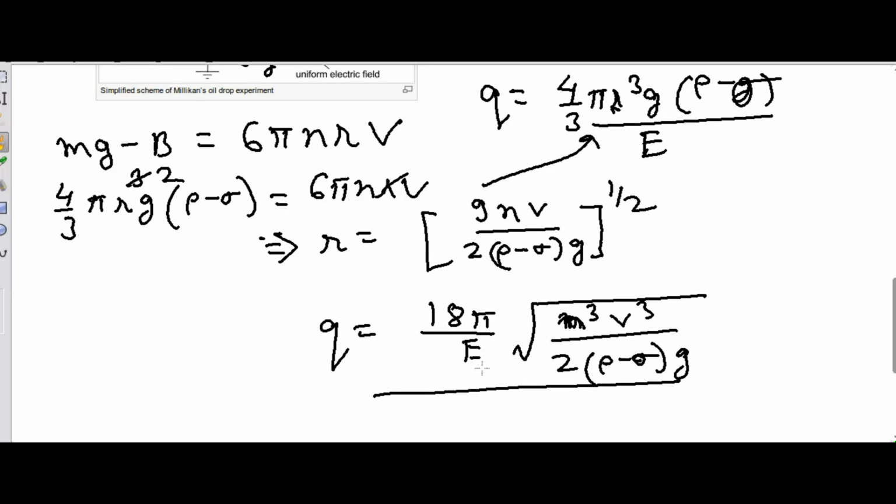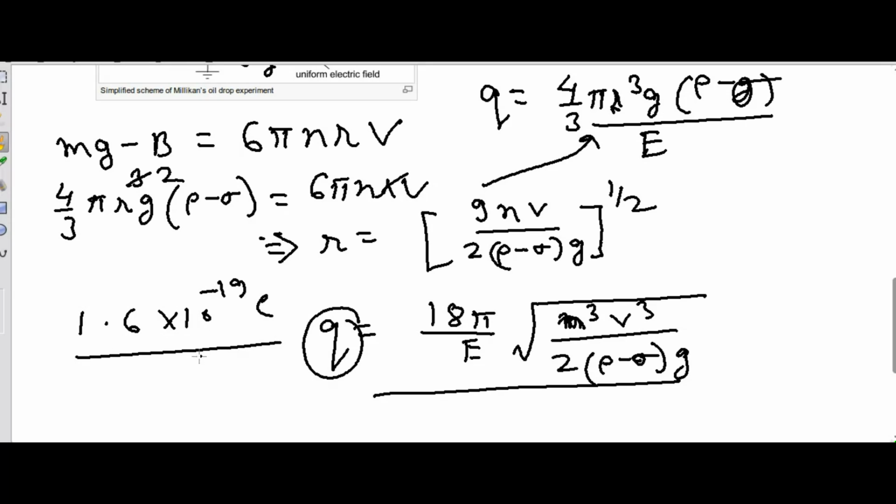Using this, Millikan found the value of q. His team did thousands of experiments. They varied the material, they varied rho, they varied the electric field, they varied a lot of parameters, and found that every time the value of q was a multiple of 1.6 into 10 to the power minus 19 coulomb.